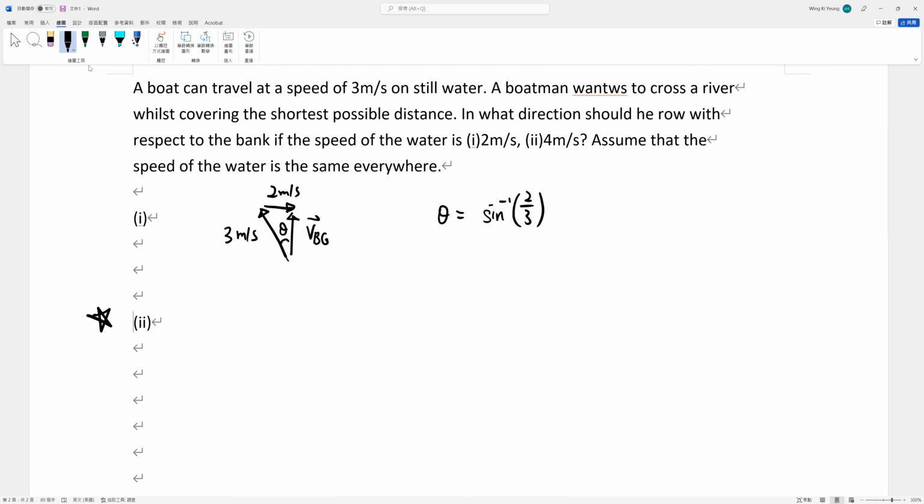Now we are just doing this question by drawing the graph. First of all, you need to know that we are adding the velocity of the boat relative to water and the velocity of the water relative to the ground to get the velocity of the boat relative to the ground. So what we want is this velocity to have the smallest angle with the vertical.